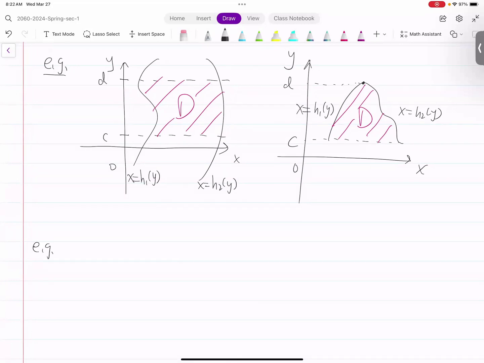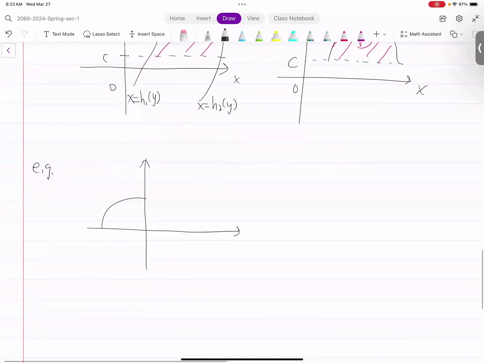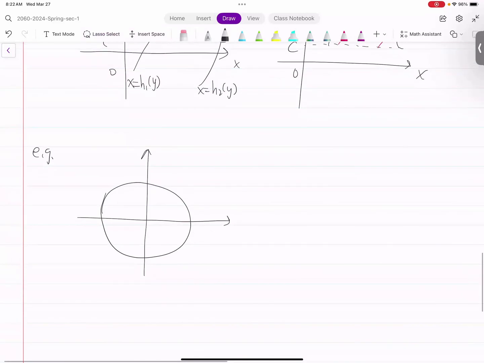So let's do a quick example where we look at the unit disk again. In the unit disk, here we just need to decide. Okay, the shape definitely can be better. I can move this a little bit lower. So here, instead of solving for y, we solve for x, right?